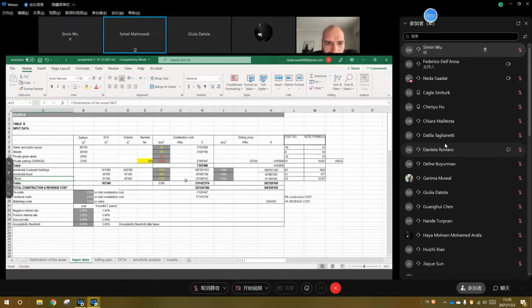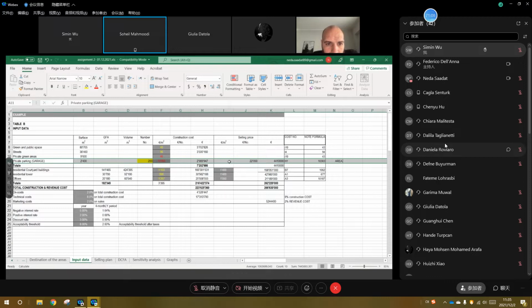Okay. Right. And then just one question was how we can find the private parking numbers and even the selling price. We saw that you mentioned in the other revision that we have to go to Immobiliare and find it somehow. Have you done this or not?